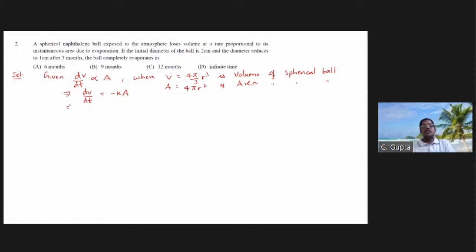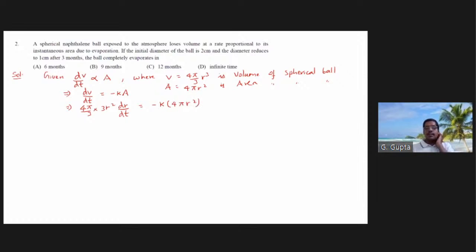Derivative with respect to t for volume, here r is a variable. So 4 pi by 3 is a multiplication constant, take it out, which will not be affected after differentiation. R cube derivative is 3r square, but we are differentiating with respect to t, so you should multiply dr by dt, equals minus k times area, that is 4 pi r square.